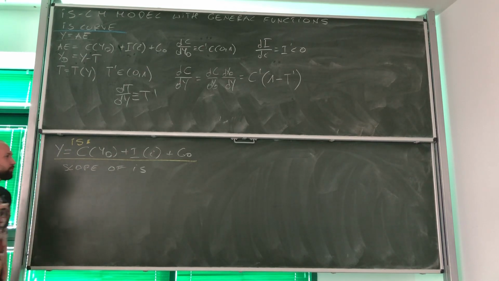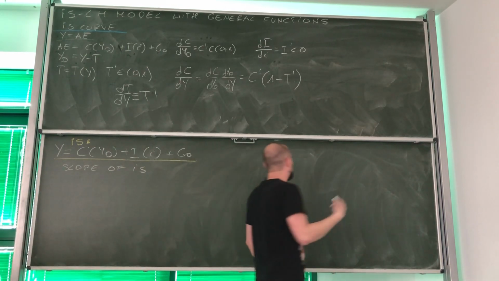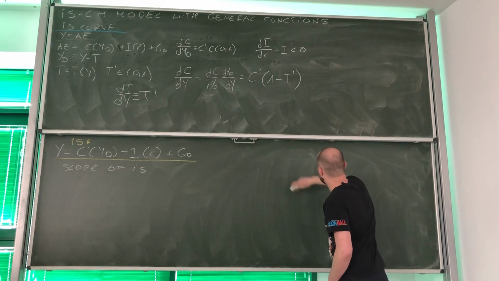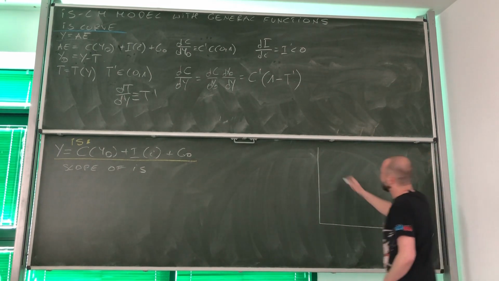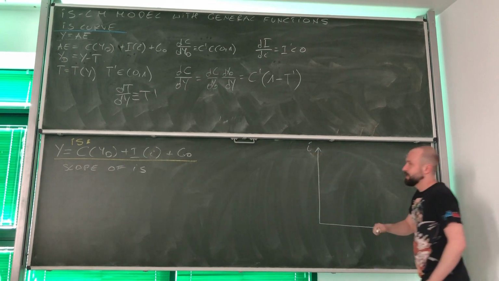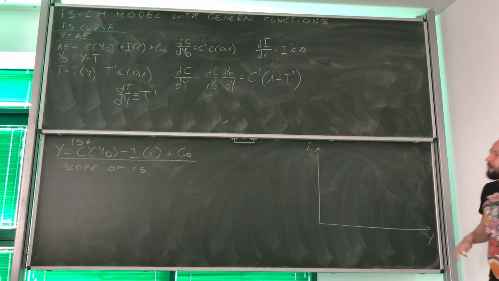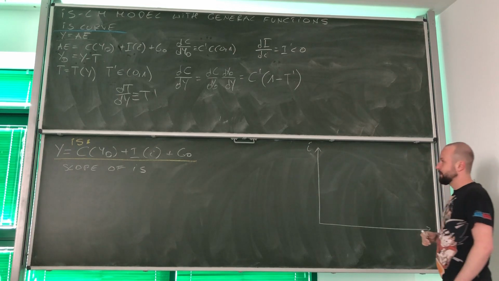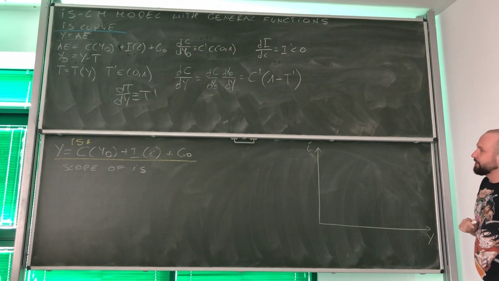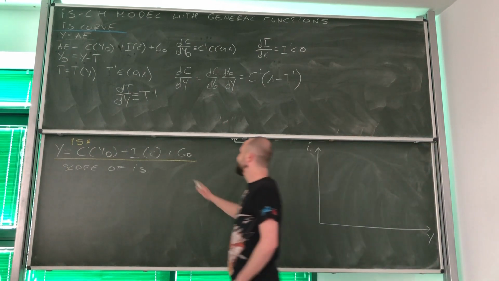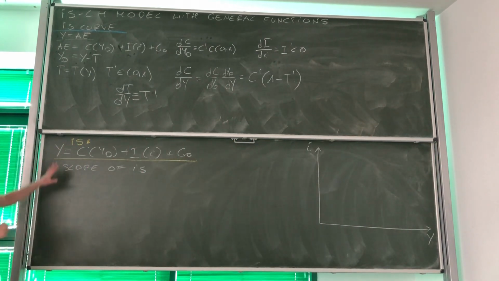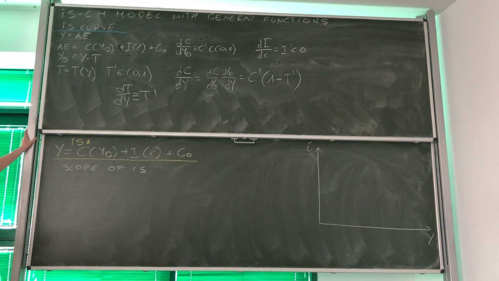So now let's find the slope of IS. Look, again, we will be drawing our IS-LM model just like before in income-interest rate space. Now, we just don't know how the functions look. But we can find the slope in the same way, by calculating the differential with respect to income and interest rate.